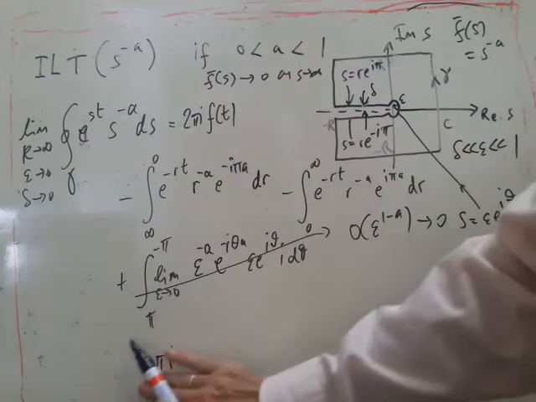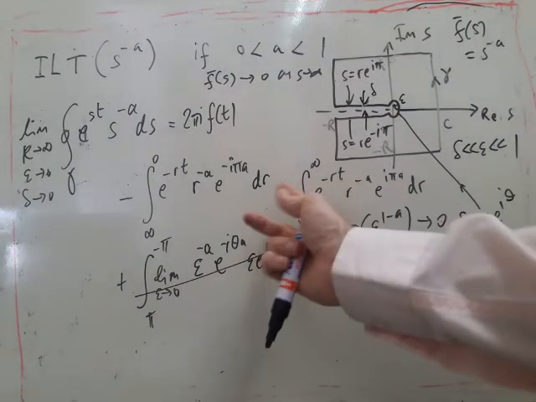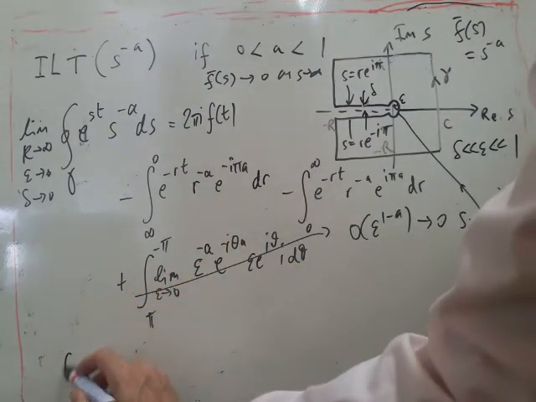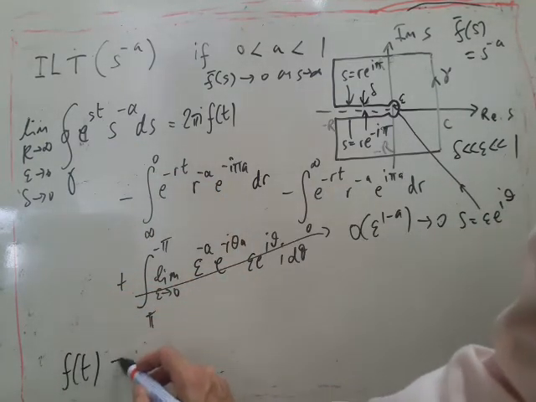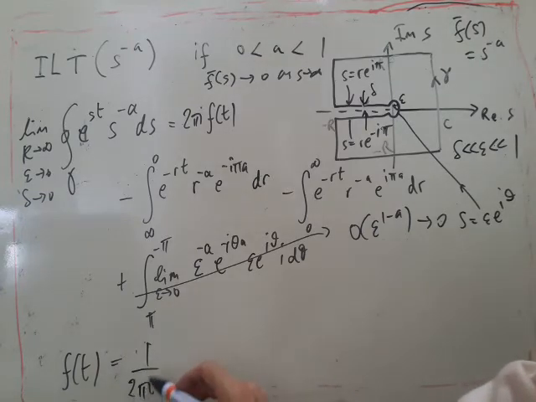I can now write, if I divide both sides by 2 pi i and move these things onto the other side, that f of t is equal to 1 over 2 pi i.